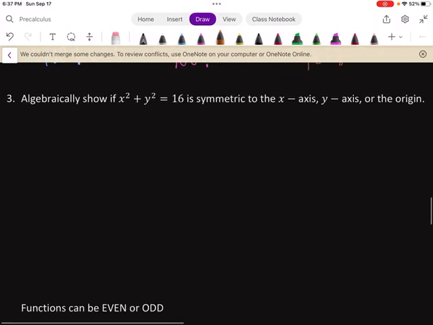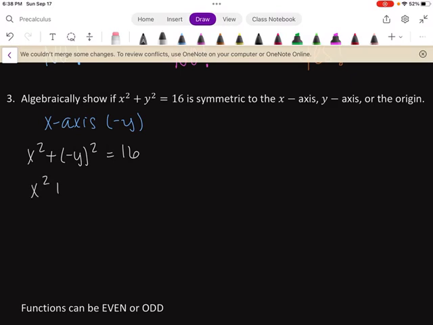All right, so 3. Algebraically show if x squared plus y squared is equal to 16. Some of you might just know what this looks like on a graph, and that's cool because we might find some good symmetry here. So x-axis, we're doing negative y. And you clearly see the same result.